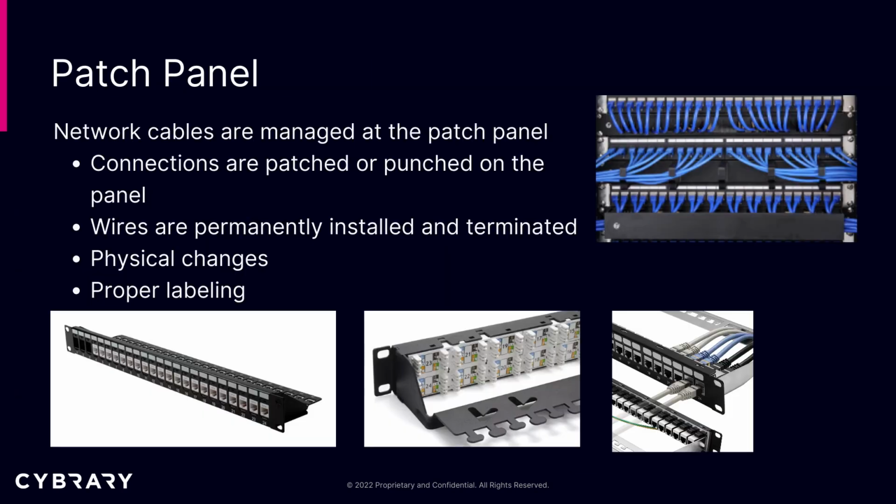So let's talk about the patch panel in a little bit more detail. Network cables are managed at the patch panel, and this gives us a very centralized and easy way to manage network cabling coming into the wiring closet from the computers and the network locations out on the floor. Connections are punched down onto the 110 panel on one side, and they're plugged in on the RJ45 side, going to a network device.